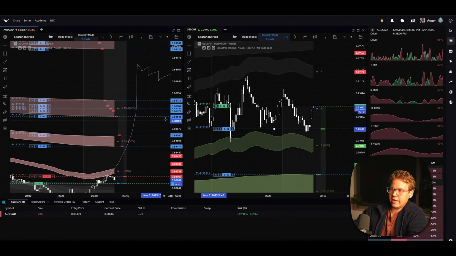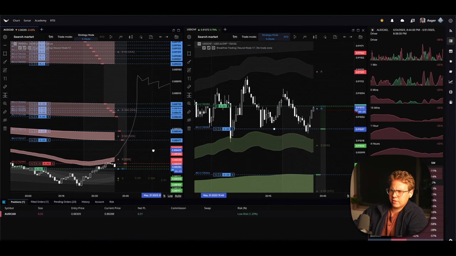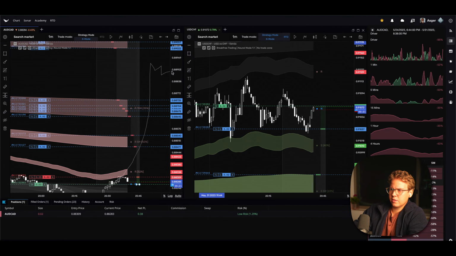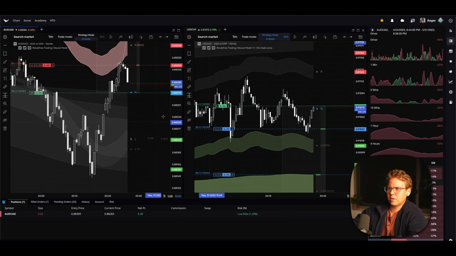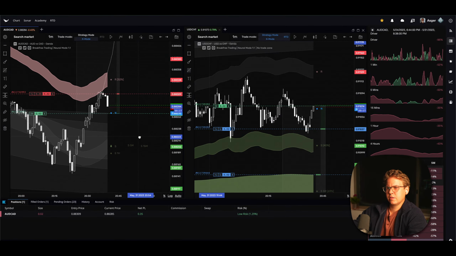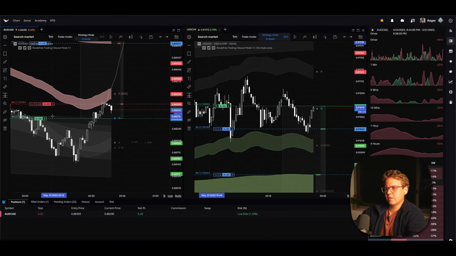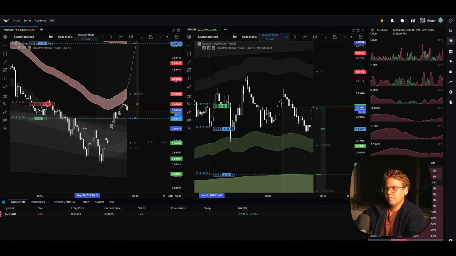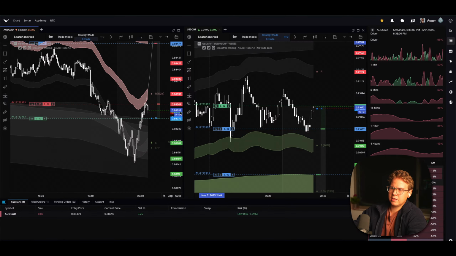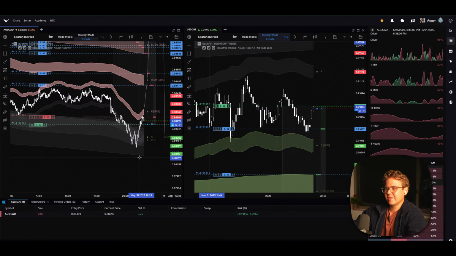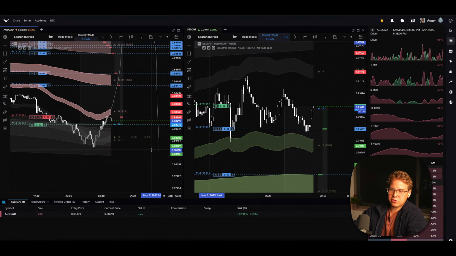All right, AUD CAD, what is it doing? I think this can go deeper, but you don't want to be too subjective with your bias here, because we're not doing directional trading, right?